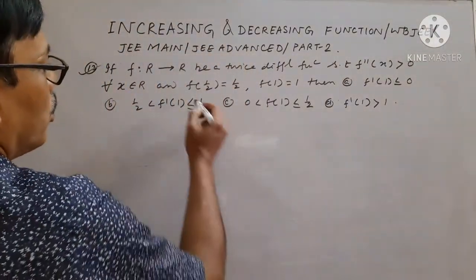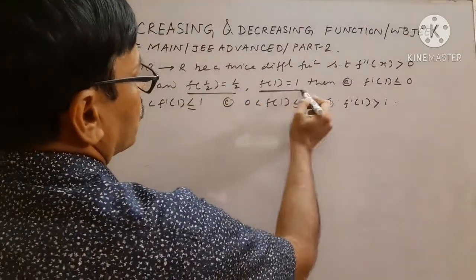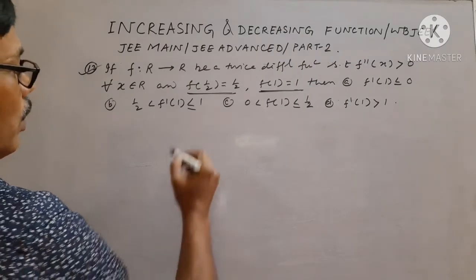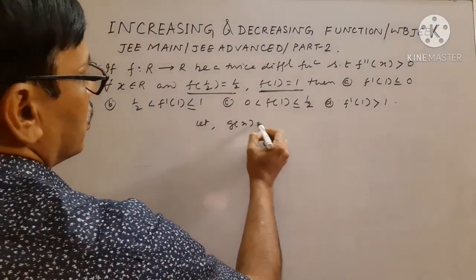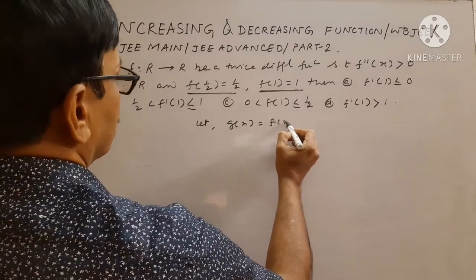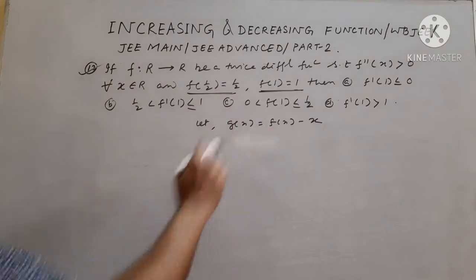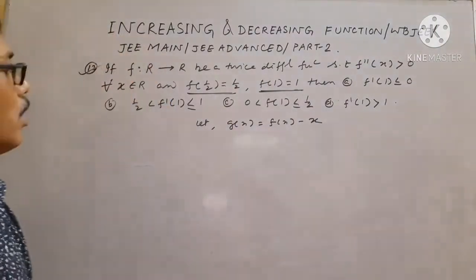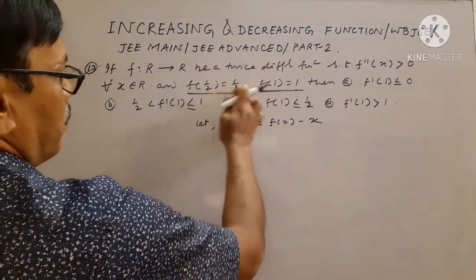So look, two conditions are given, f half equals half, f1 equals 1. So let us consider a function gx equals fx minus x. Now it is given that f half equals half.